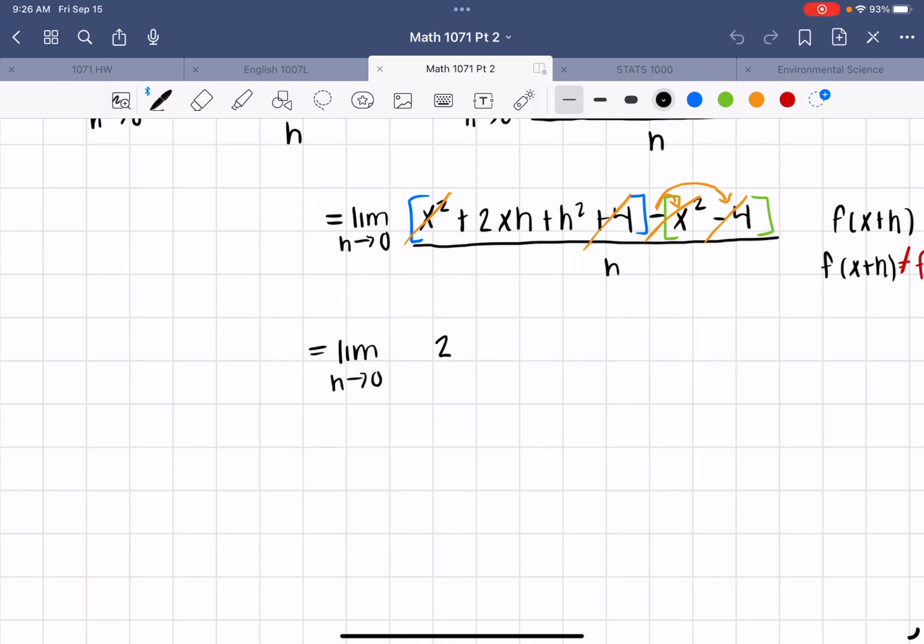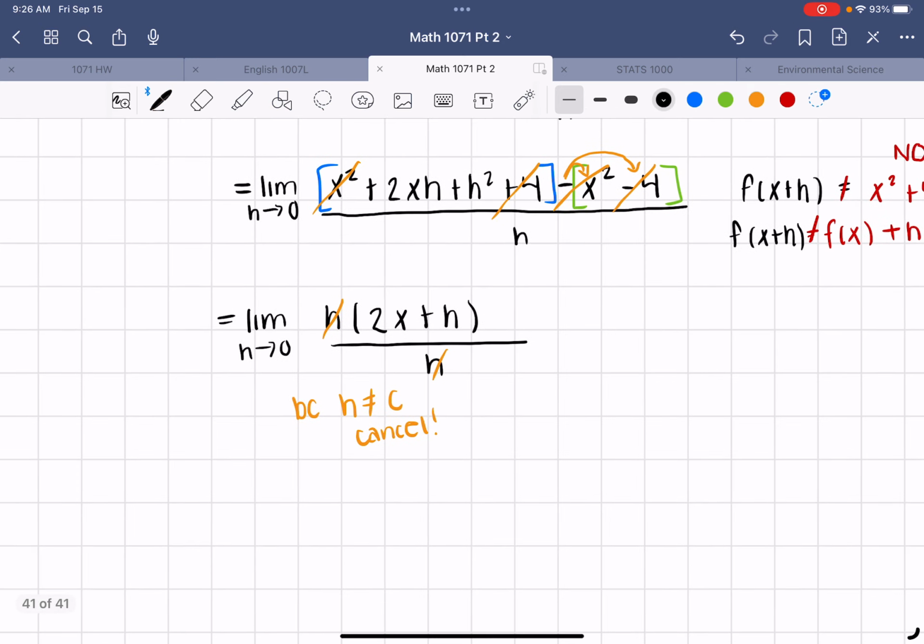Because h is not 0, you can cancel. So now you're left with the limit as h goes to 0 of 2x plus h. Now, you no longer have division. Now it is legal to plug 0 in for h.